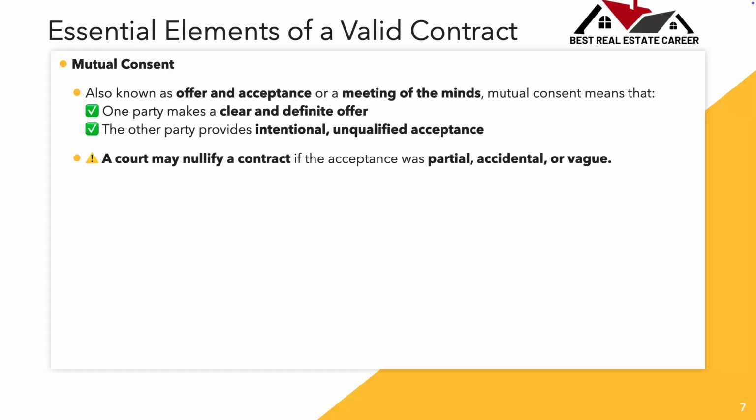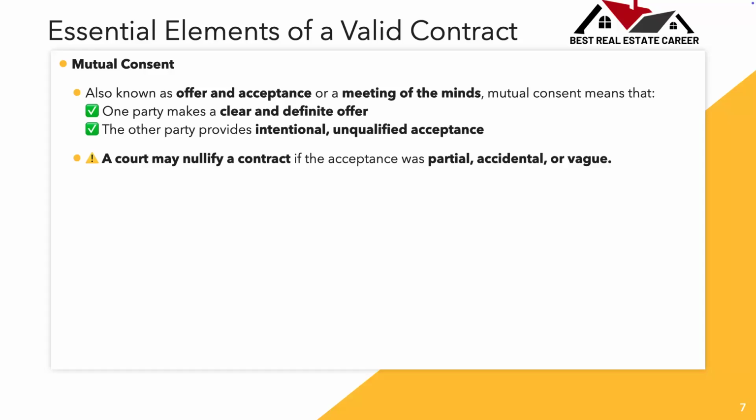Now, again, we could see that a court nullifies this contract if it's partial, accidental, or vague. Again, we need to understand that when we are writing contracts as real estate agents, and you could see something on your exam, we are making sure that we are putting our client in a position to win, that we are speaking at a language that a fifth grader can understand.